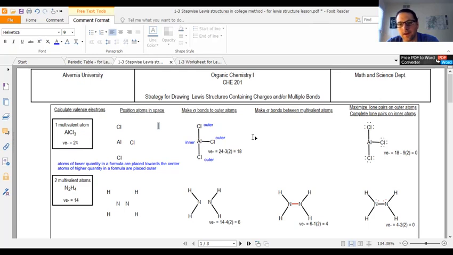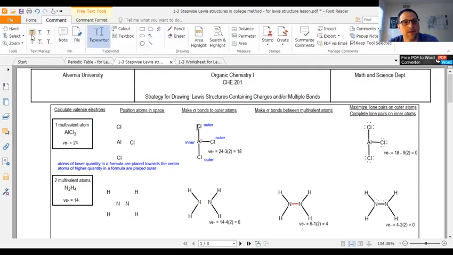And then we maximize lone pairs on outer atoms. So chlorines, if you look at this chlorine here, if I can highlight that, this is a really nice Adobe Reader program.